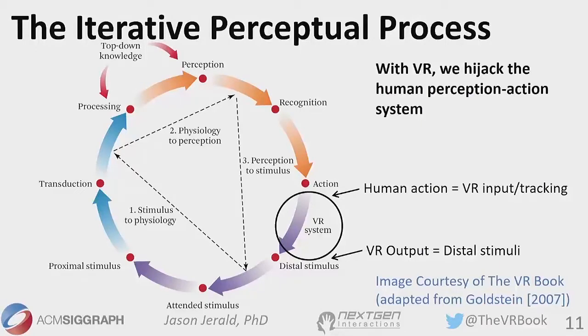And then the system, of course, senses whatever tracking or button presses, whatever actions we're doing, in order to update those distal stimuli. As a result, the user experiences presence in this artificial world as if it was real.